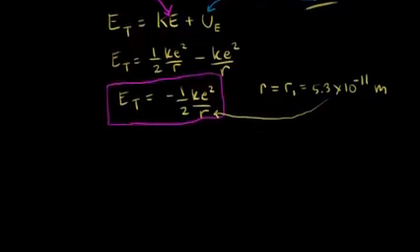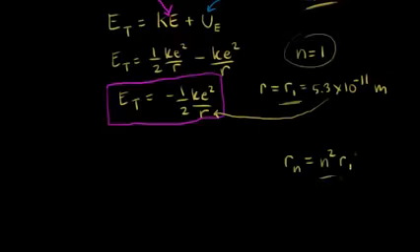Remember, we got this R1 value by saying n is equal to 1 and plugging that into our equation: the radius for any integer n is equal to n squared times R1.